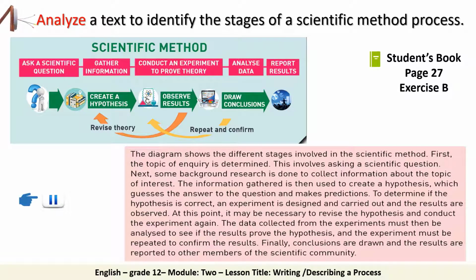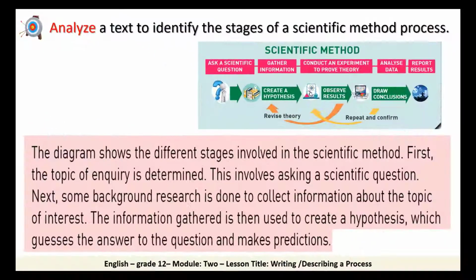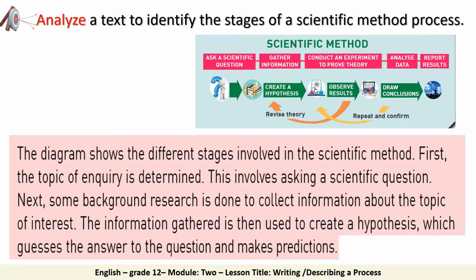Read the description of the process of a scientific method and look at the diagram, then underline the words and phrases which have been used by both. Great! Let's see the answers.